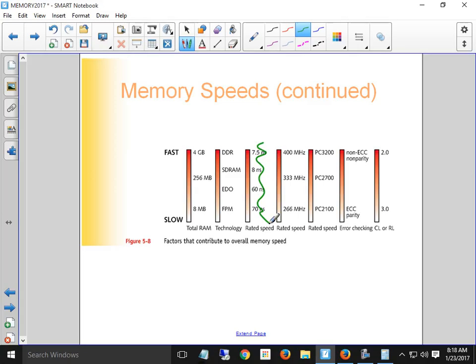So as you compare things, and on the test I'm going to give you ones that look very, very similar. They're both DDR4. They're both 2100 megahertz. Which one's faster? Then you have to drill down in the specifications and find that CL rating. Or it might be that this one, okay, here's one. Okay.